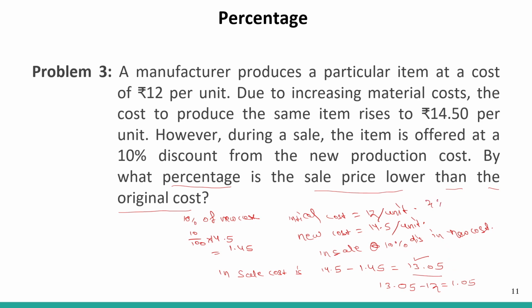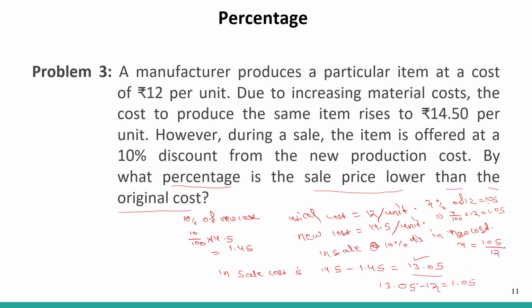So x percent of 12 is equal to 1.05. This is x by 100 into 12 equal to 1.05. If I multiply by 100 here, we are left with x equal to 105 by 12.